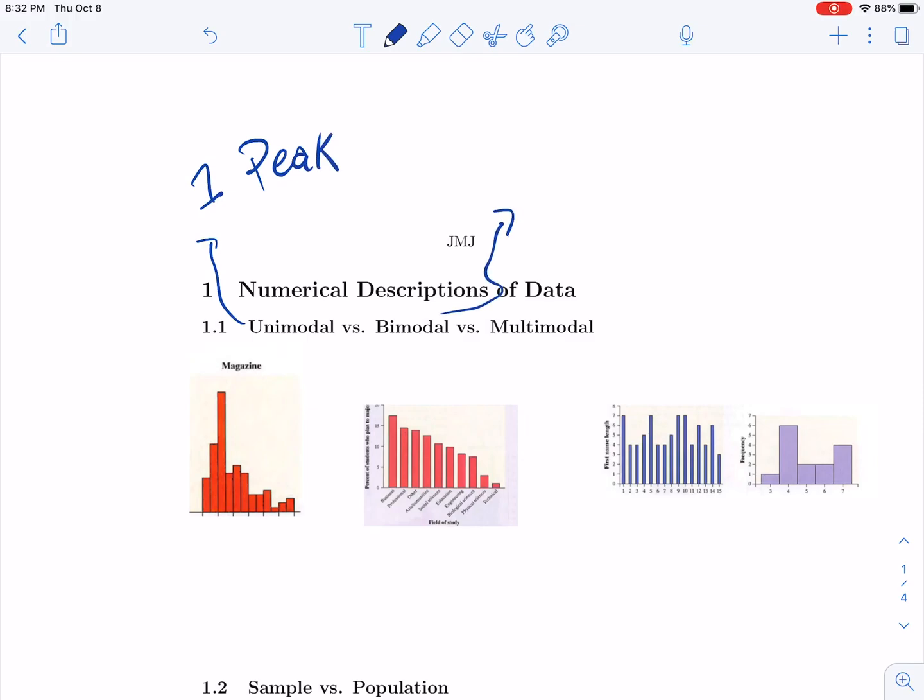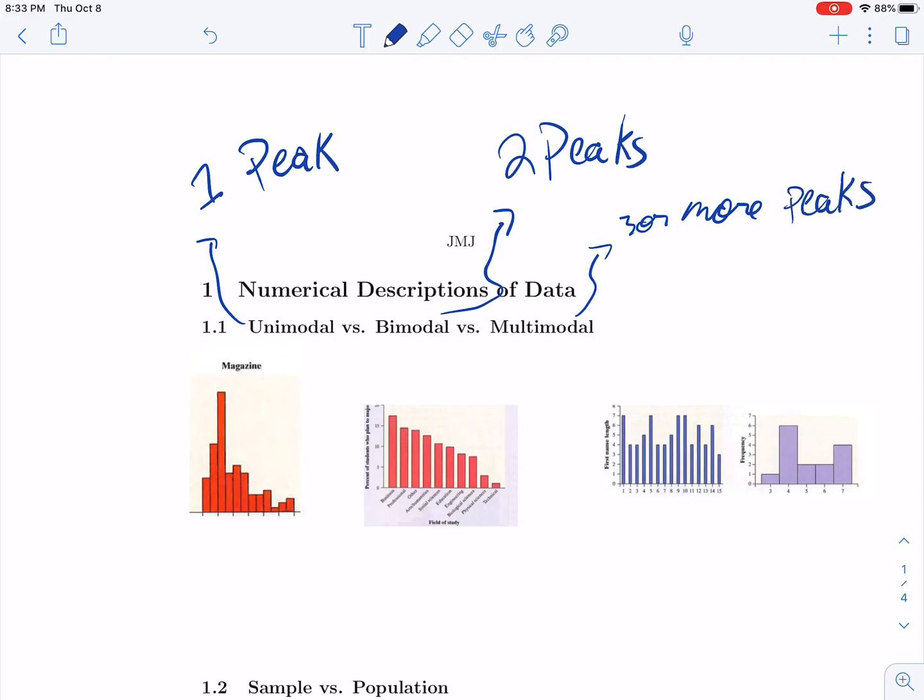Bimodal, 2 peaks. And of course, we can carry on the pattern: trimodal, quadmodal, quintmodal. After 2, though, we just say multimodal. So 3 or more peaks, right?